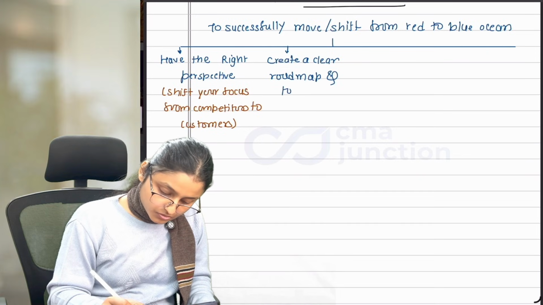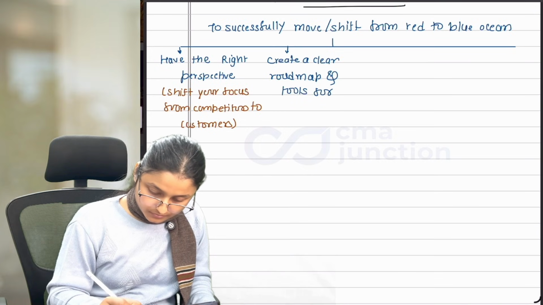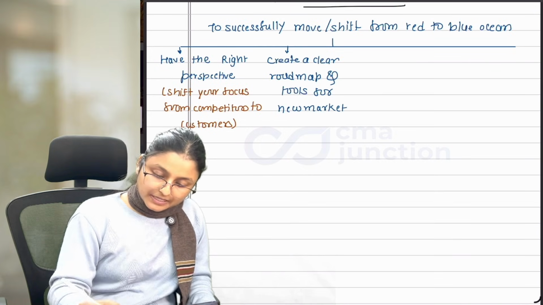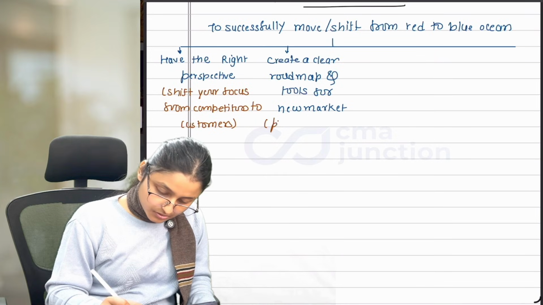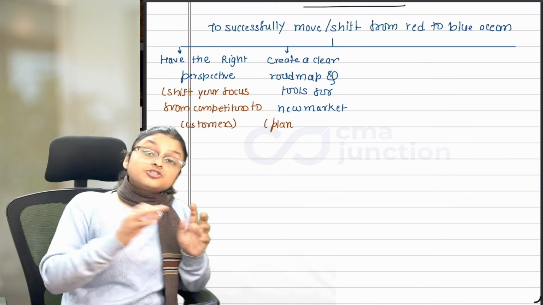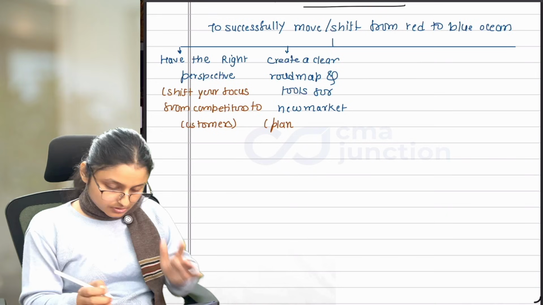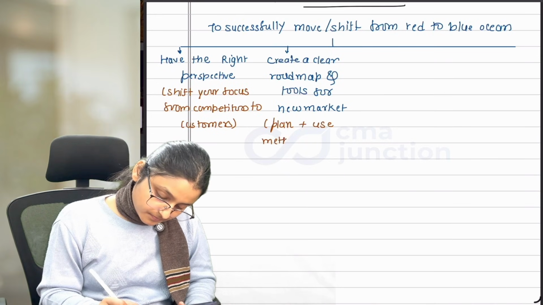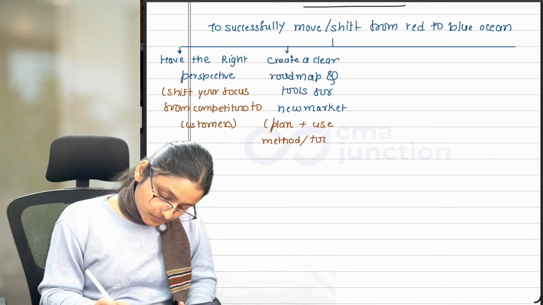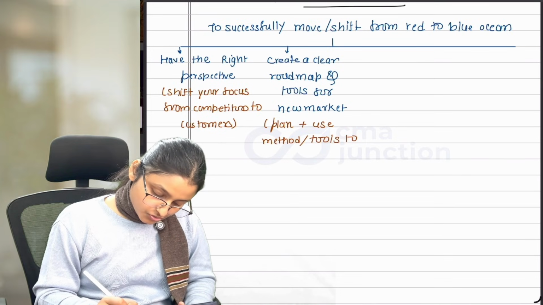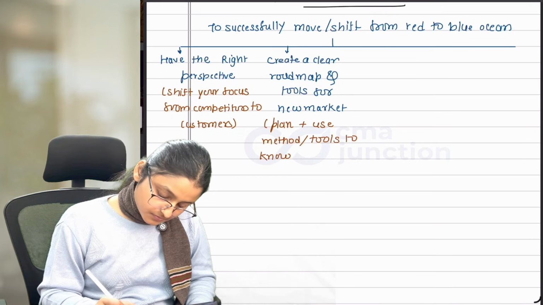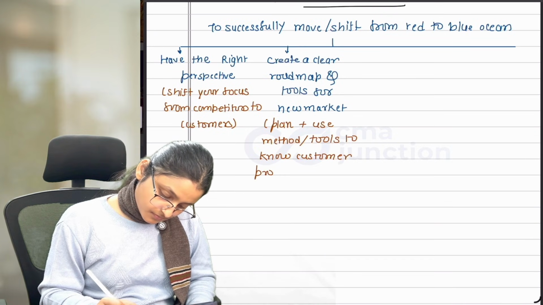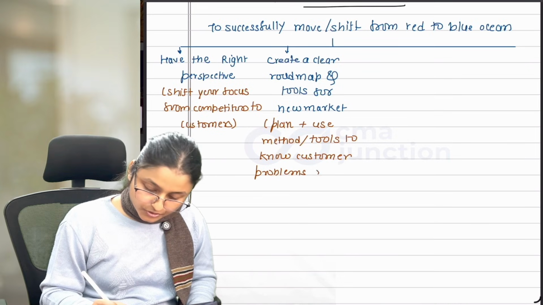And tools for new market. Roadmap, that means we'll create a plan for changing the old rules available, plus we will use methods or tools to know customer problems, and to create new market.